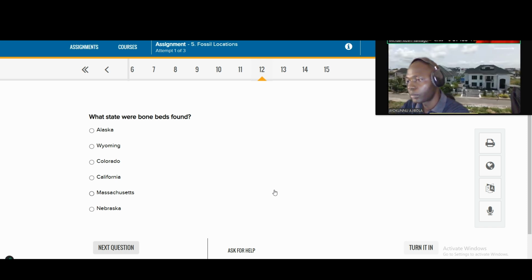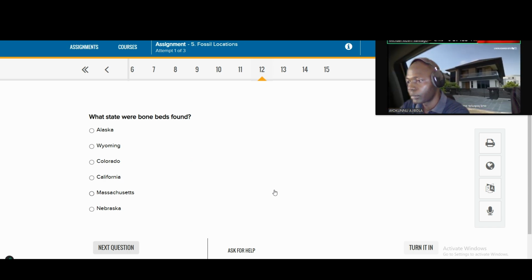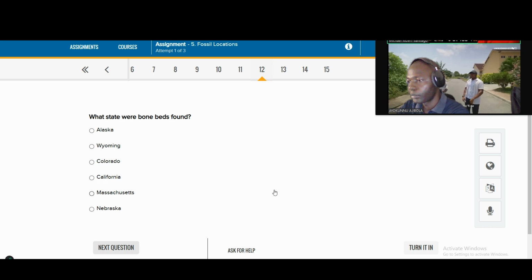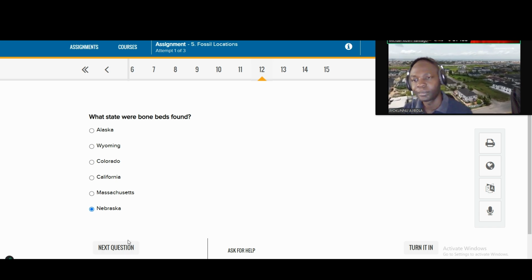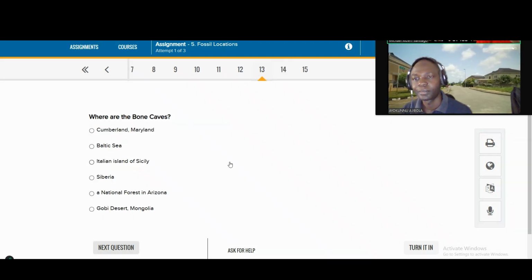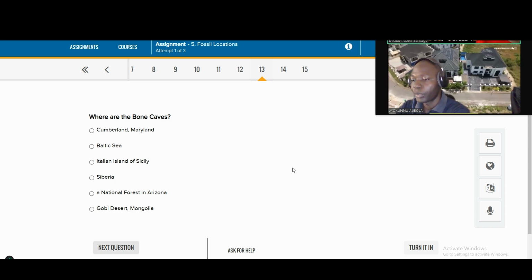What state were bones spread from? Colorado. Bone beds, Nebraska. So read the next one.